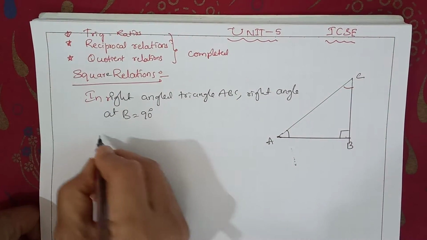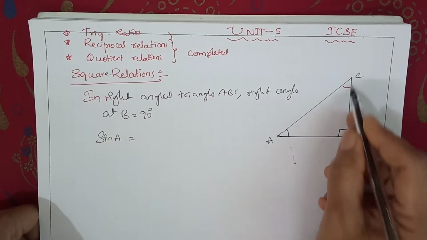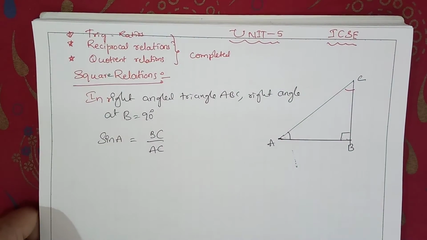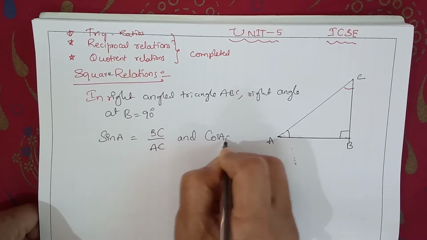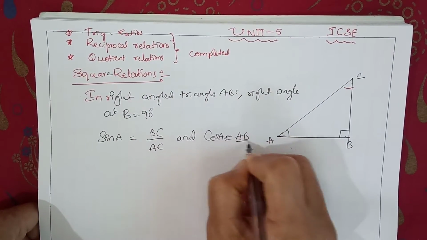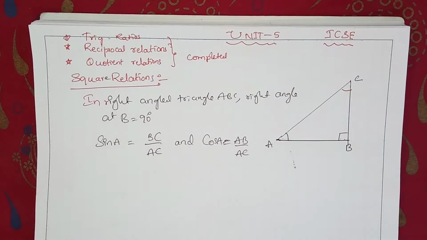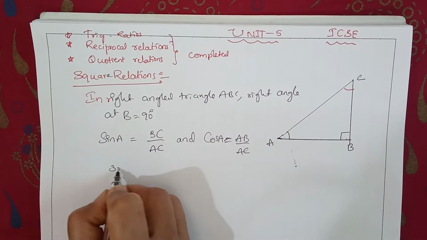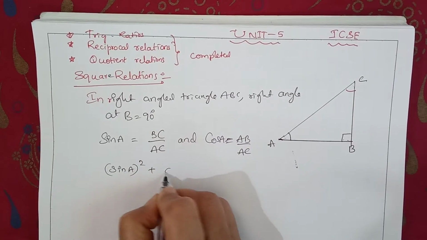So what is sin A? Sin A is BC by AC. What is cos A? Cos A, children, is AB by AC. Next, the square of sine plus the square of cos.